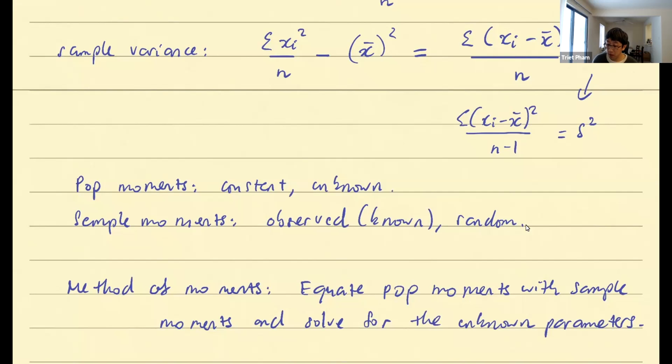That's it. That's what it says. And when you solve for the unknown parameters, then you get the estimators.